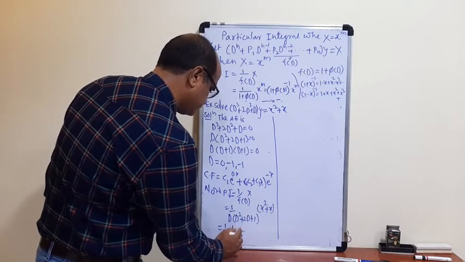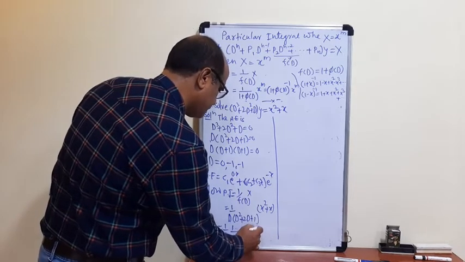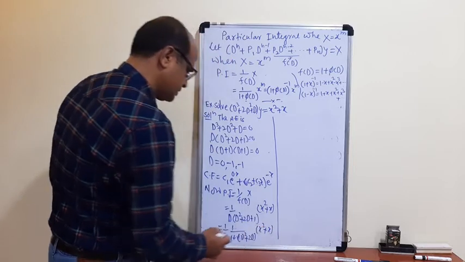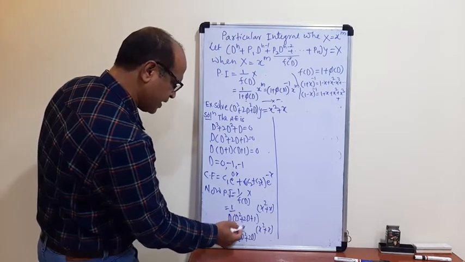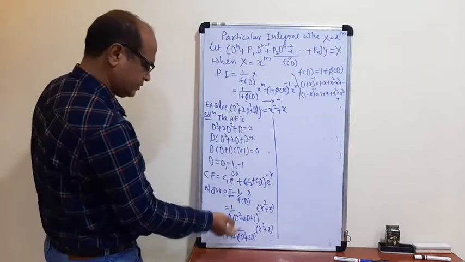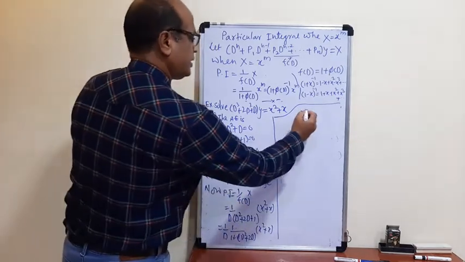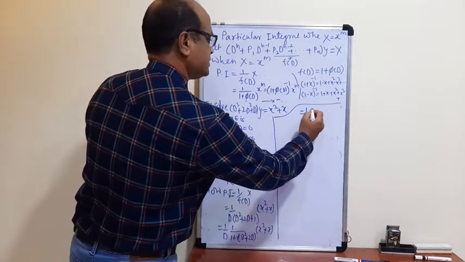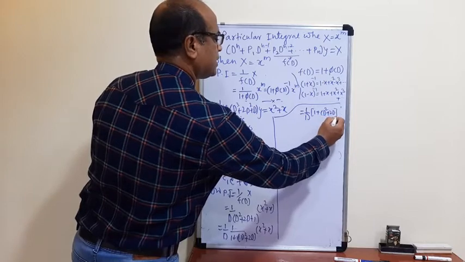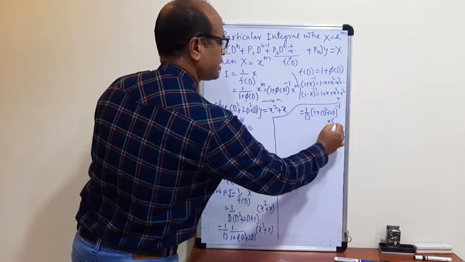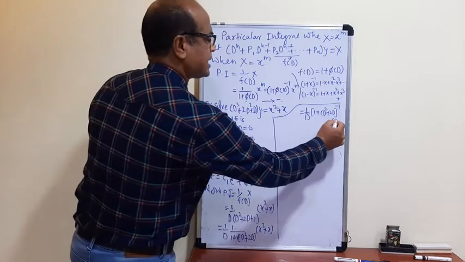So this is 1 upon d, taking out d, and this can be written as 1 plus d square plus 2d raised to minus 1 into x square plus x.